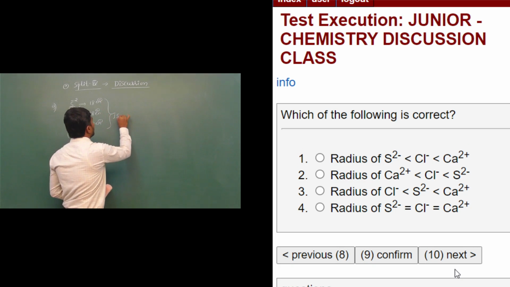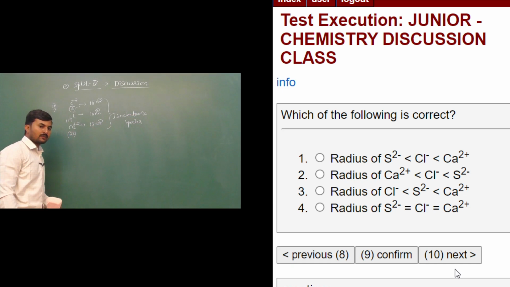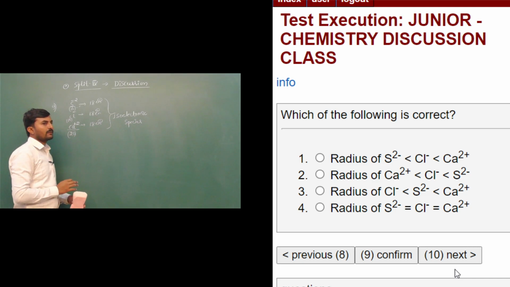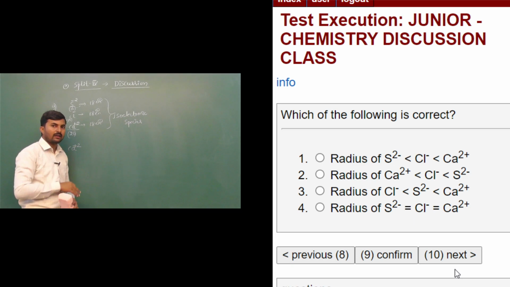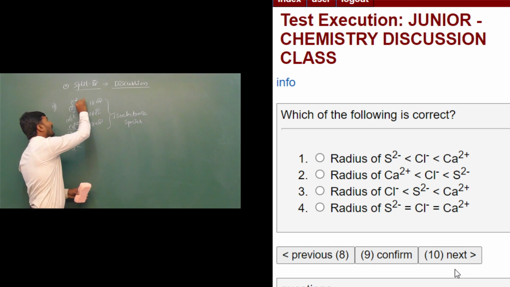These are isoelectronic species. As I already told, in isoelectronic species, the radius of a cation is always less than that of its parent atom, and always less than the anion.